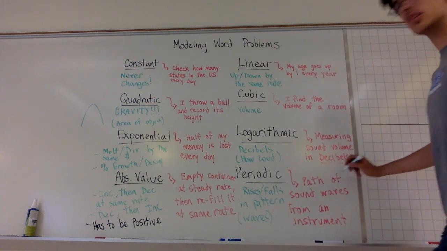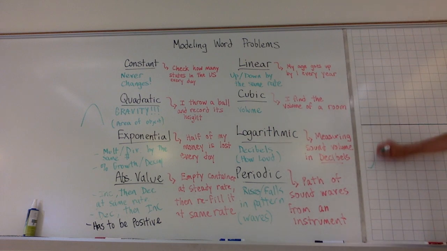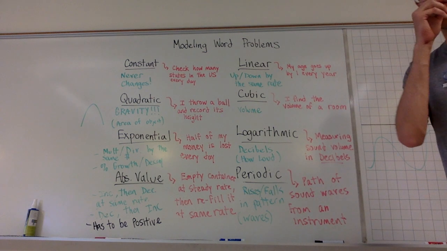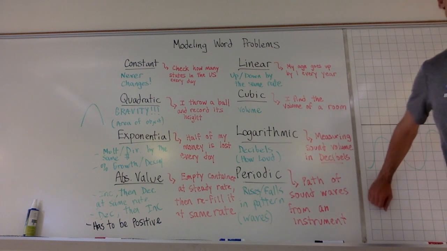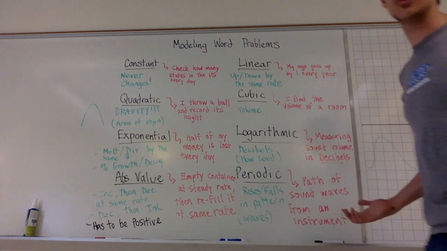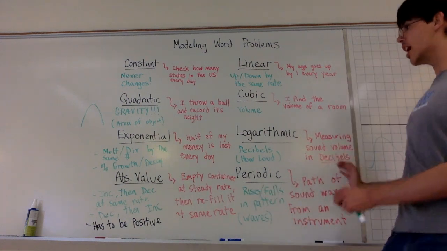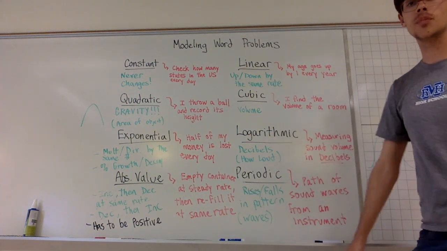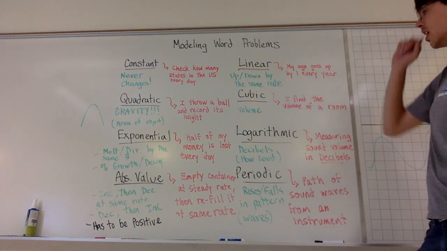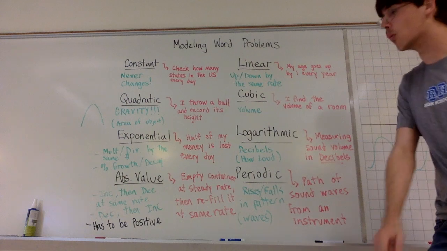So to picture it, it goes up, it goes down, it goes up, it goes down, in a pattern like that. That is called a periodic equation, where it just keeps rising and falling in the same pattern. If you think about sound waves, you've seen it, I'm sure, on a video or something like that, where the sound wave makes a pattern like that. That is called a periodic equation. So all 8 of these equations can pop up. You read the word problem, and you decide what fits best.